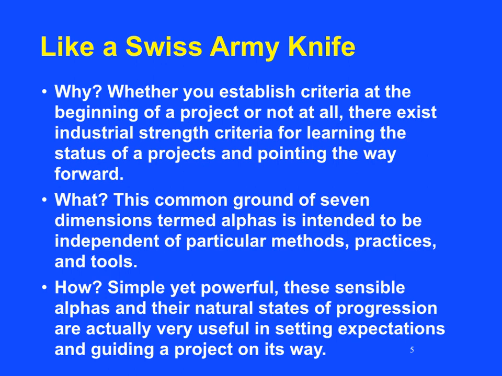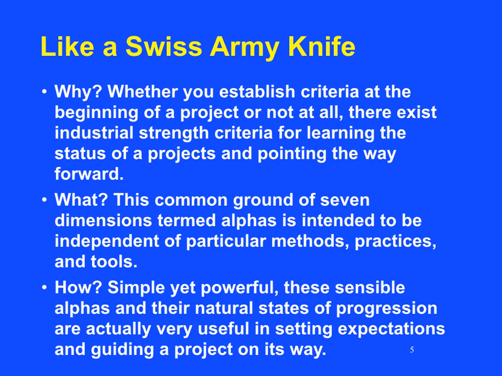What? This common ground of 7 dimensions, termed alphas, is intended to be independent of particular methods, practices, and tools. The alphas possess the capability to reason about progress and assess status of any software project, regardless of method and practice selections, spanning the customer space, the solution, and the endeavor.